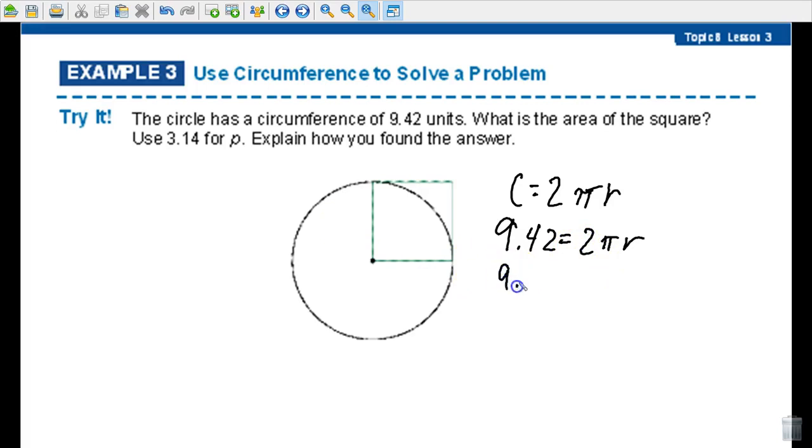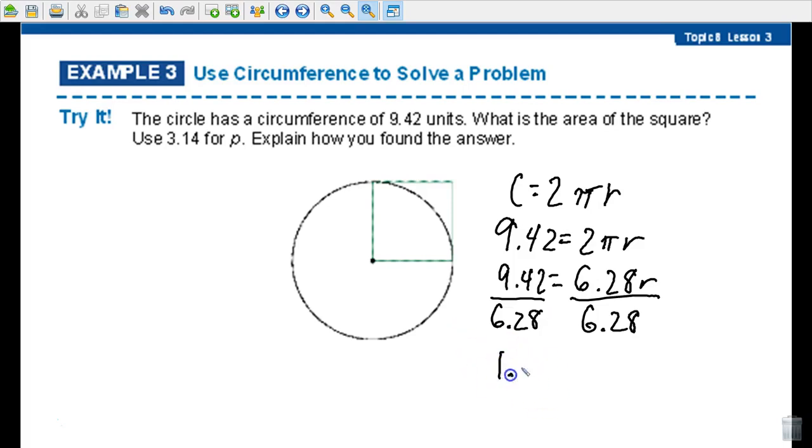So we get 9.42 equals 6.28 times r, and then divide both sides by 6.28. And this is all calculator work. So 9.42 divided by 6.28 equals 1.5. And that's what my r is.